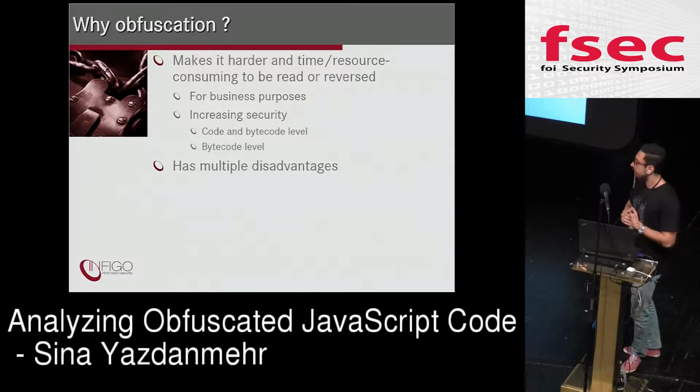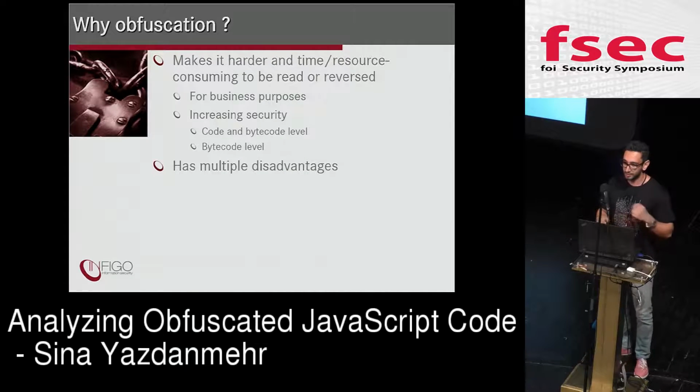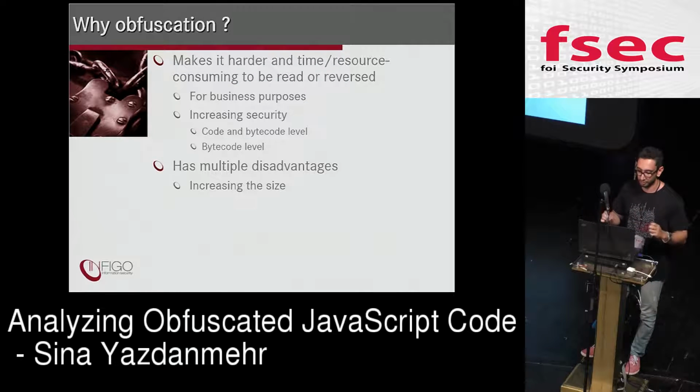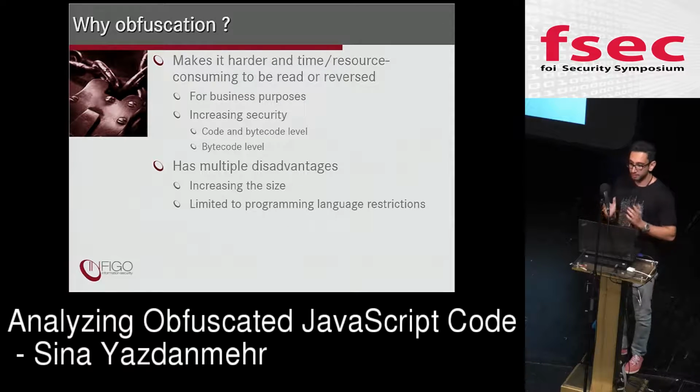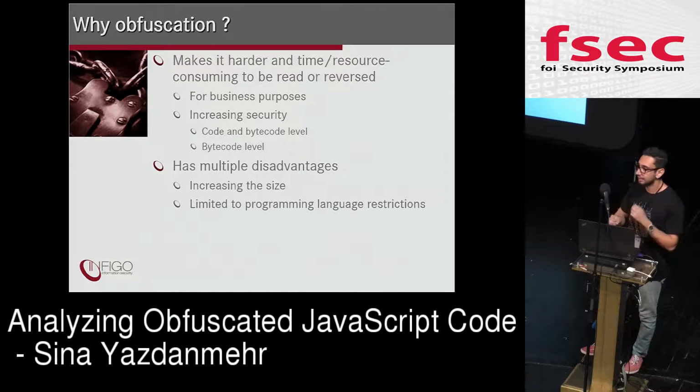But about disadvantages, as we saw earlier, the obfuscated version of our code is bigger than the original size. So obfuscation at the first stage increases your code size. Of course, you cannot do anything you want with obfuscation.